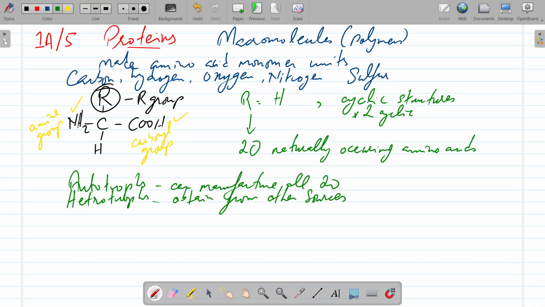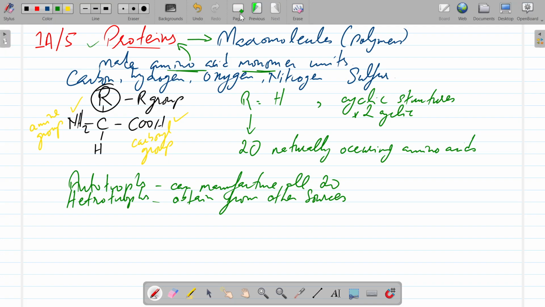We've done the basic structure, and then let's talk about the formation of proteins from amino acids. So keep in mind that proteins are the macromolecules, and the monomers are amino acids. So amino acids are what make proteins, but they are not synonymous. You cannot interchangeably use amino acid with protein. Once I discuss the bonding and the structure, there's another term you can use for proteins.